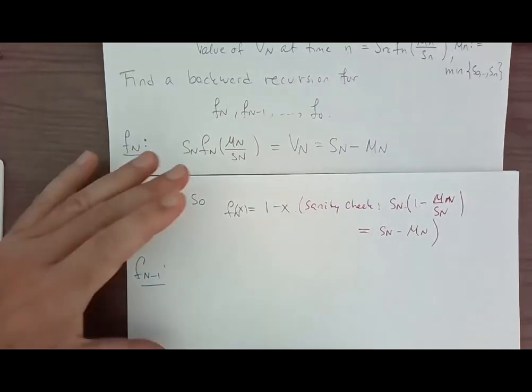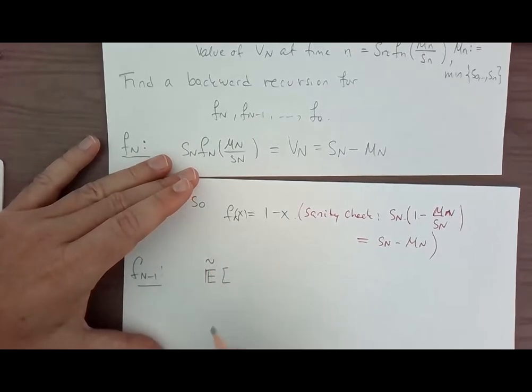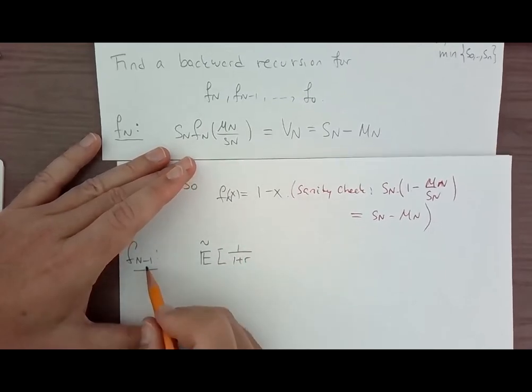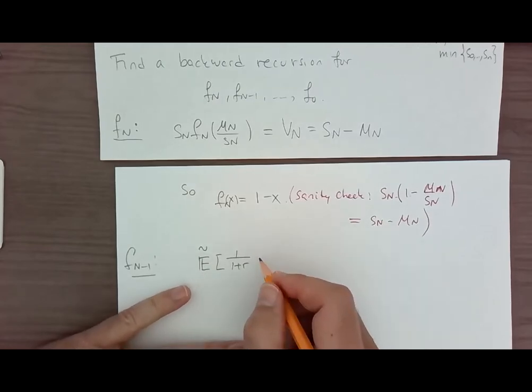Well, we roll it back. We roll it back and we compute the conditional expectation, the discounted value. We're going to go from time n to time n minus 1, so we roll it back once.